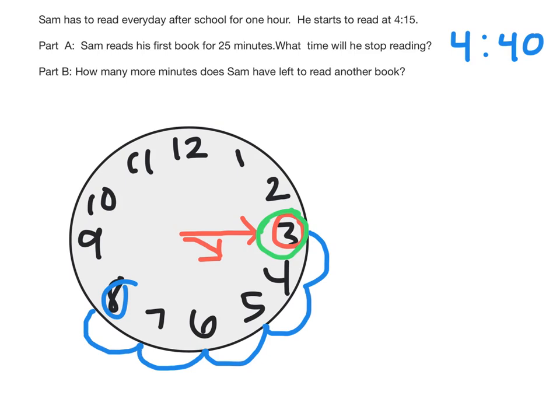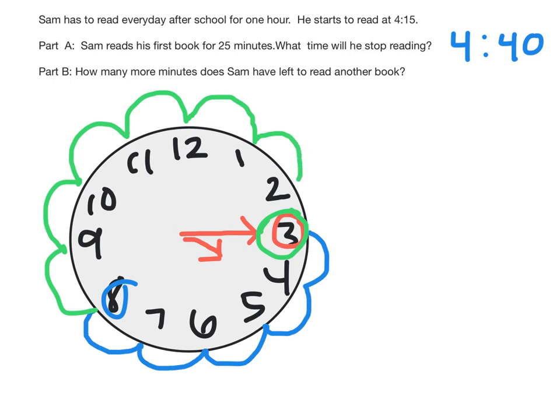So let's count. All right, so I have 5 minutes, which gets me 4:45, 10 minutes, which gets me 4:50, 15 minutes, which gets me 4:55, 20 minutes, which gets me 5 o'clock, 25 minutes, which gets me 5:05, 30 minutes, which gets me 5:10, and 35 minutes, which gets me to 5:15 where I have to stop.